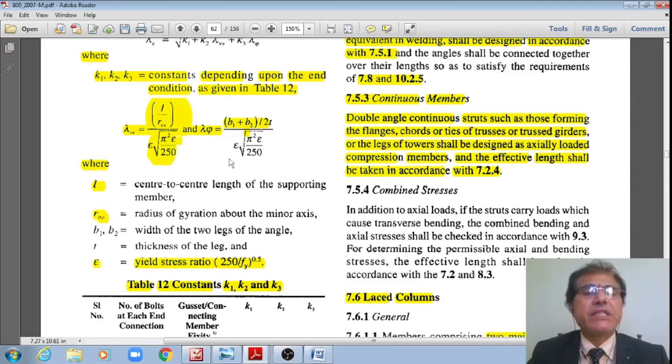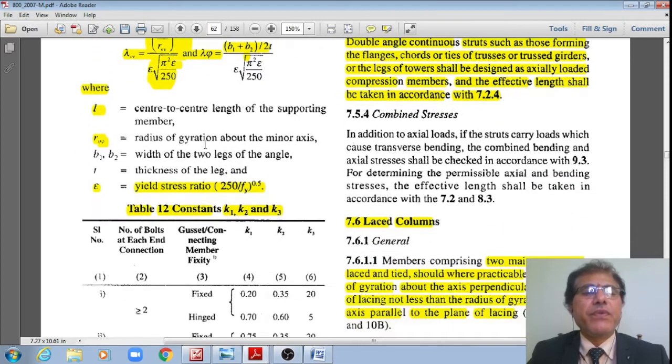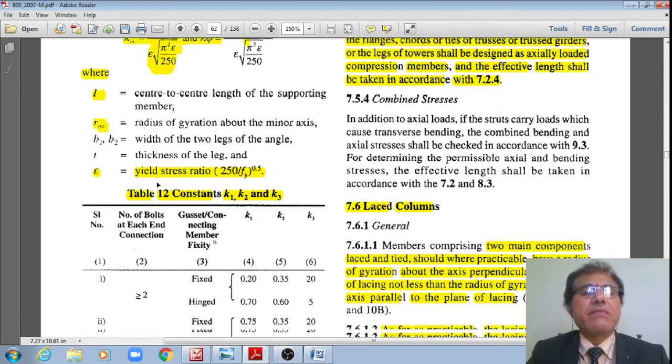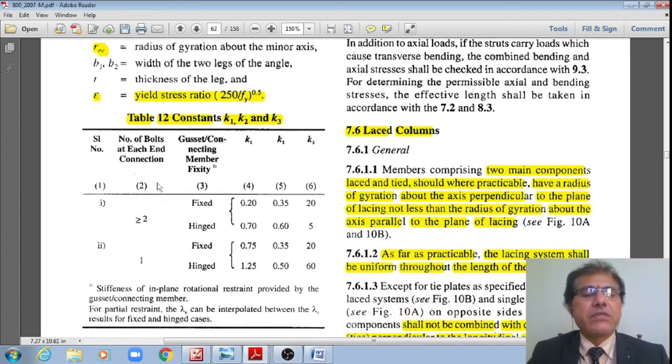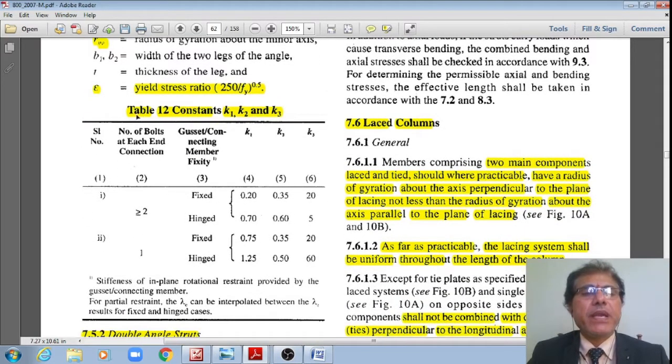As well as lambda psi is equal to B1 plus B2 divided by 2T, divided by epsilon multiplied by pi square E divided by 250, where L is the center to center distance of the supporting member and RVV is the radius of gyration about the minor axis, and B1, B2 are the widths of the two legs, and T is the thickness of the leg, and epsilon is the yield stress ratio, square root of 250 divided by Fy, that just now we have obtained, right? Whereas this is a table showing the constants K1, K2, K3.